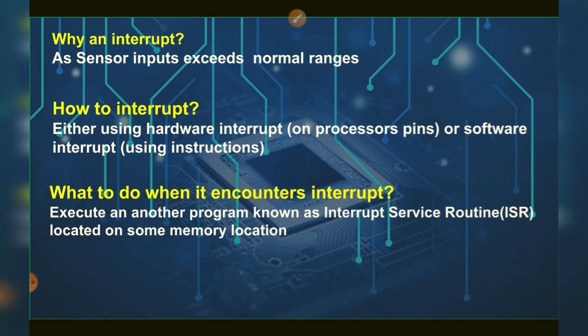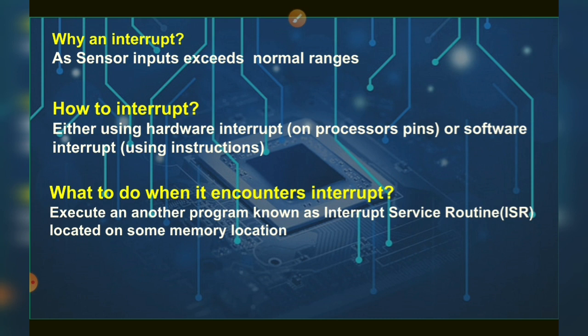So, what should the processor do when it encounters an interrupt? Remember, in every interrupt, we have two parameters associated with it. One is the name or number, for example INTR or INT 21H, and the other is the main memory location where the other program, known as interrupt service routine, is to be executed.